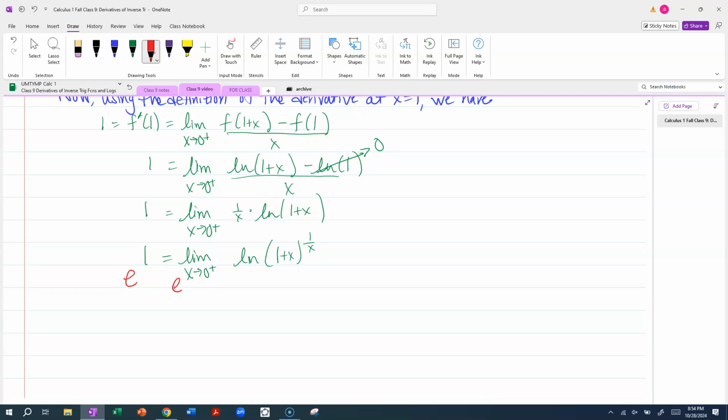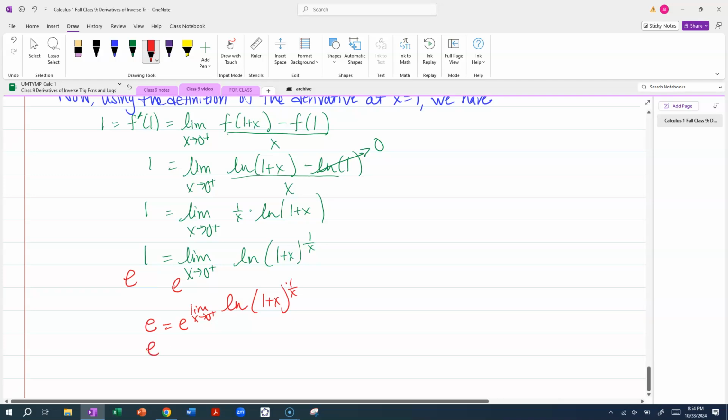On the left-hand side, I would just get e. On the right-hand side, I'd have e to the limit as x goes to 0 from the right of natural log of 1 plus x to the power of 1 over x. And then the e can move inside because it's a continuous function.